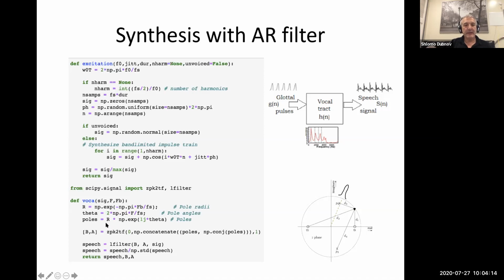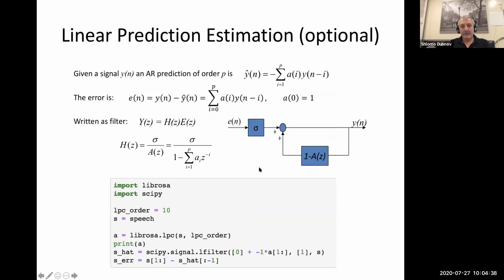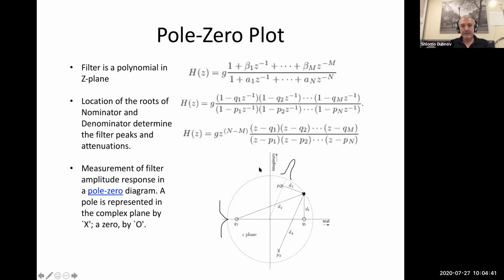Now, how do we translate this from polar representation to poles and zeros? We were using the signal processing package here that has this zpk2tf. We didn't really explain how this translation is done, but this function basically takes this zero-pole representation and opens it up.